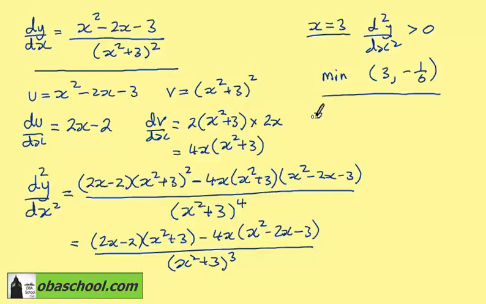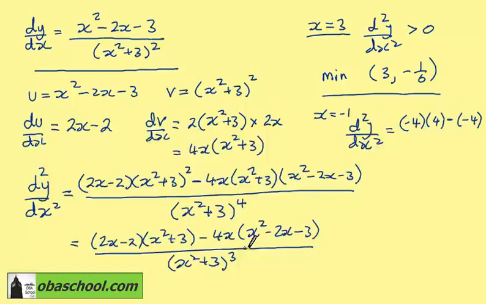Now let's consider the situation when x is minus 1. We would get minus 2 take away 2, that's minus 4, times 4, take away minus 4.